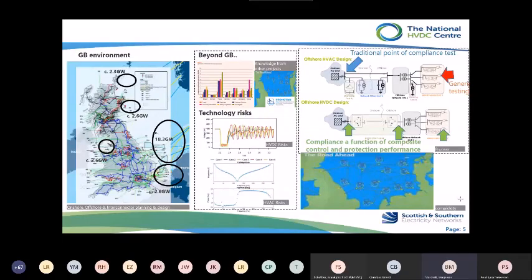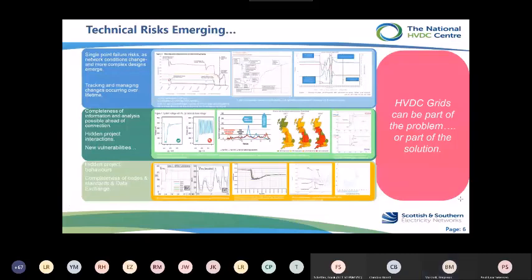If we move into the next slide, Paul, we have a number of technical risks emerging, and you can summarize these as risks of single point failures as network conditions change. This is because our controls, as I mentioned, are current focused. They are tracking the AC system. They are making assumptions about it. At certain points in time, those assumptions may not be valid.